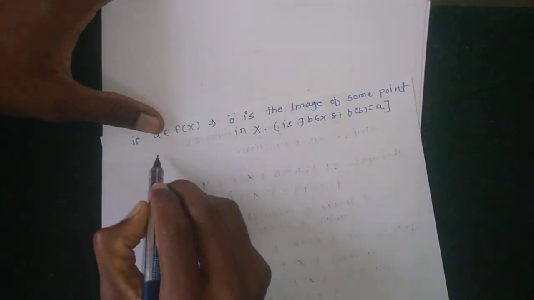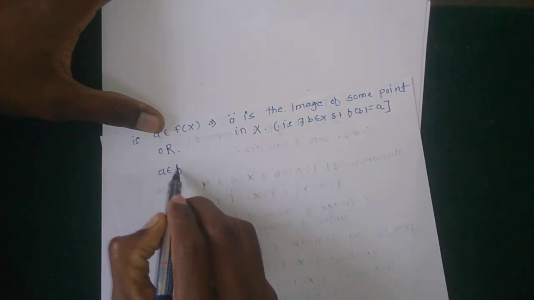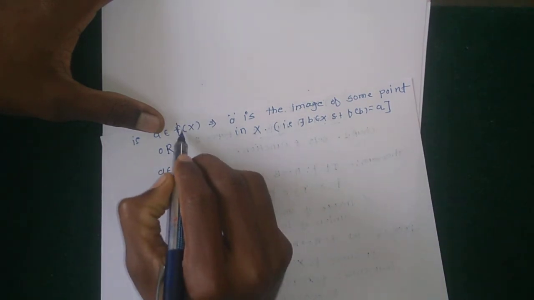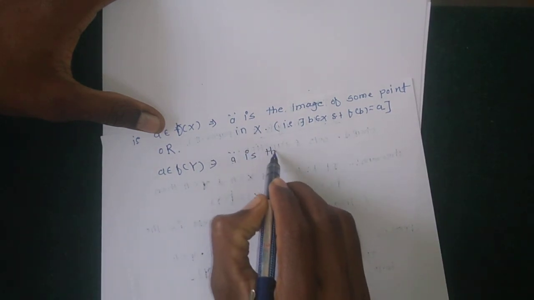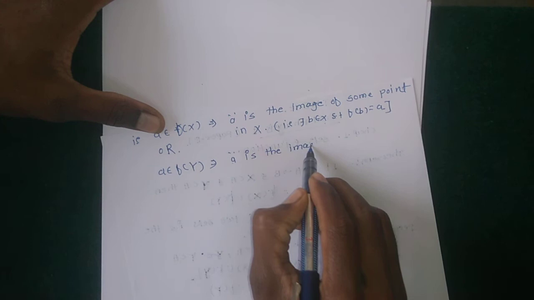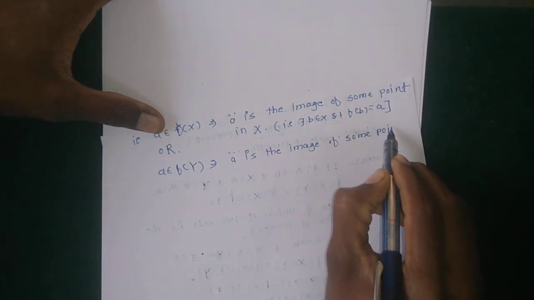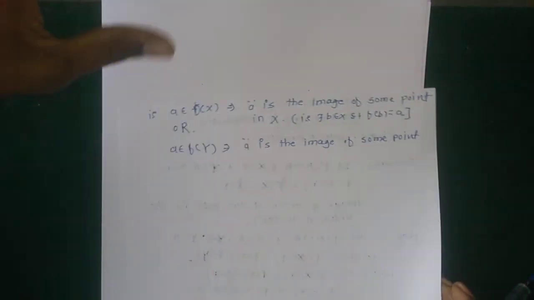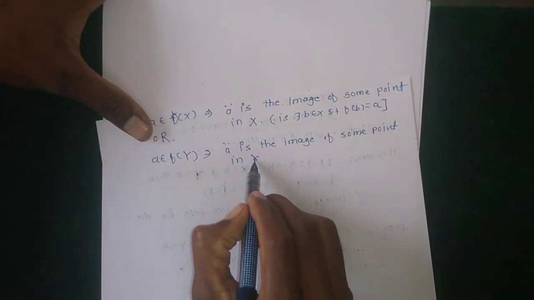Okay, or a belongs to f of y, which implies that a is the image of some point in y.